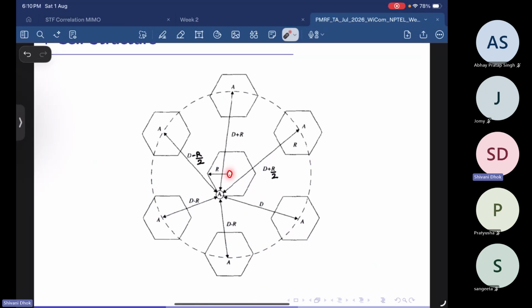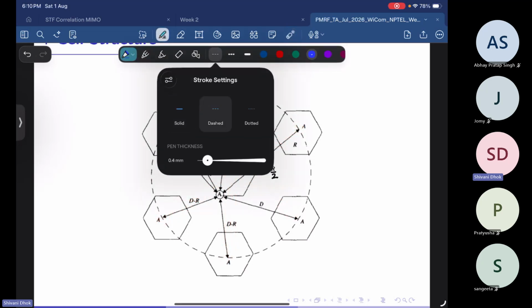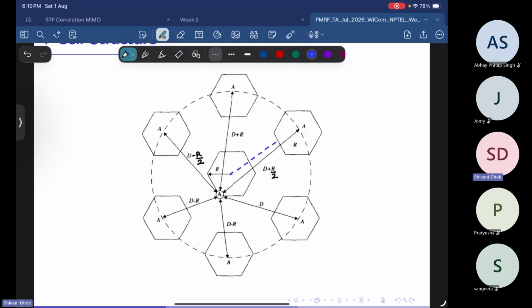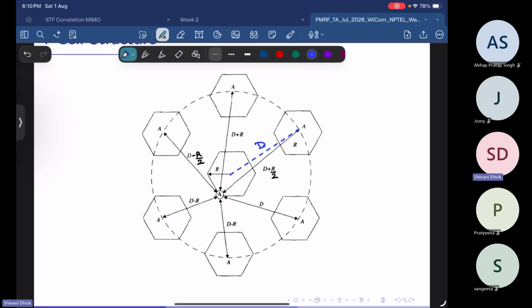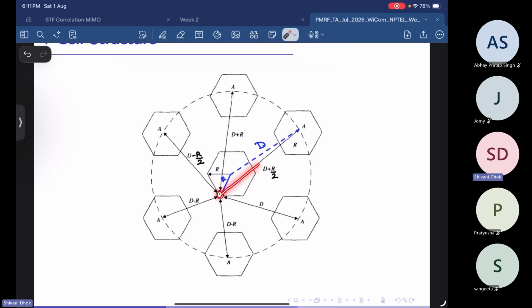You have a cell here with a base station located at the center of the cell, and you have 6 co-channel interfering cells around it, and the distance from here to the center of any of these base stations is given by D. So if we just focus on this particular thing, this distance is D. This distance is R. Based on first order approximations, the distance between this and this base station is D plus R by 2 and so on.